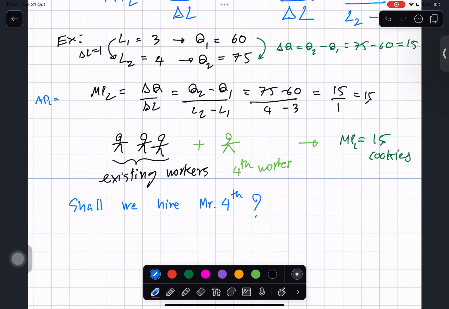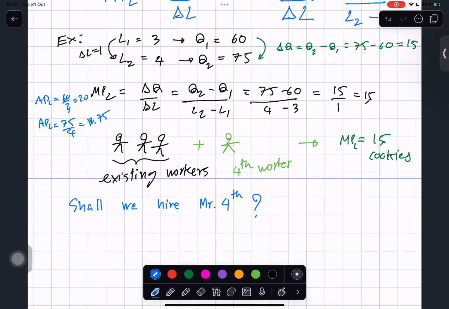Average product before is, as you said, 60 divided by 3 is 20. But the new one can produce only 15, and the new average product would be 75 divided by 4. What do you get then? 75 divided by 4. 18.75.